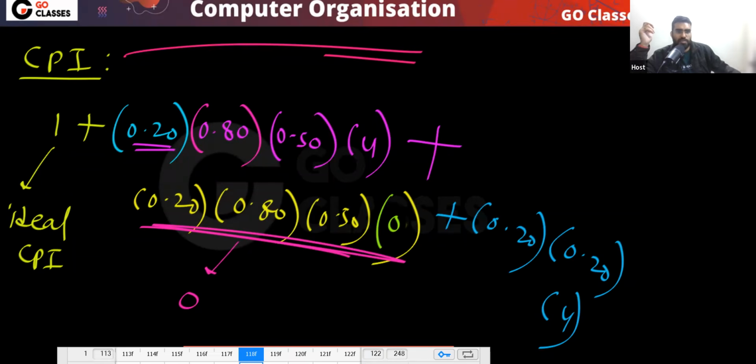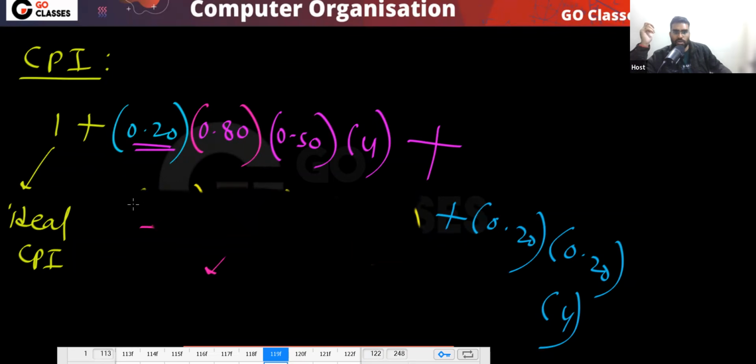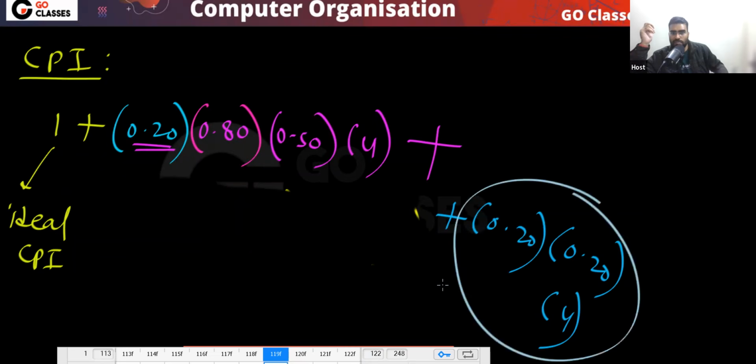You just have to find this value. This is anyway 0, so you can remove it. What is this one? It is 4 multiplied by 0.4, so that is 1.6.